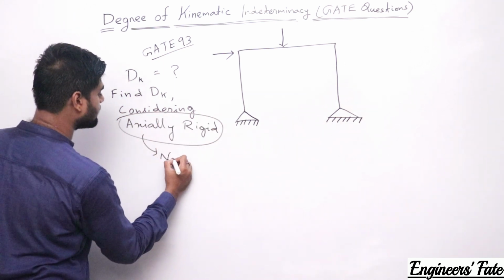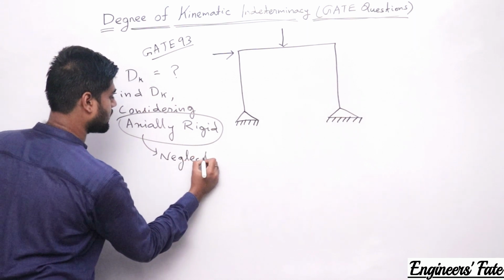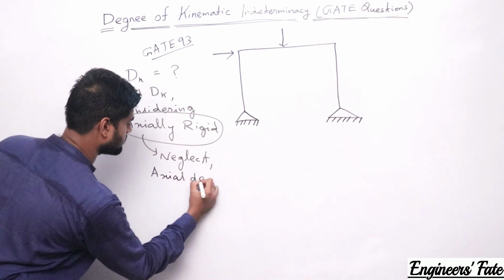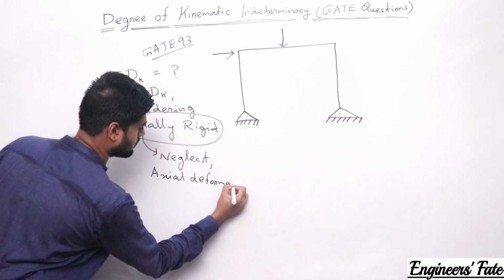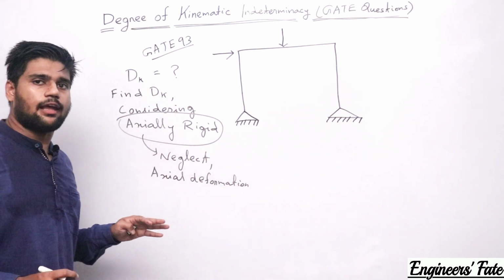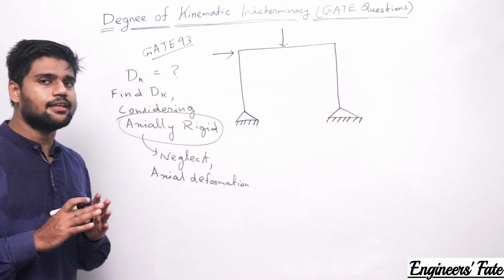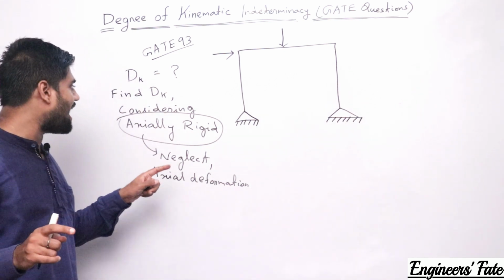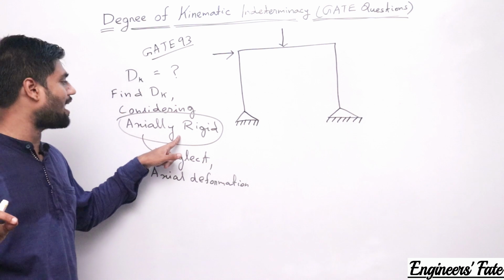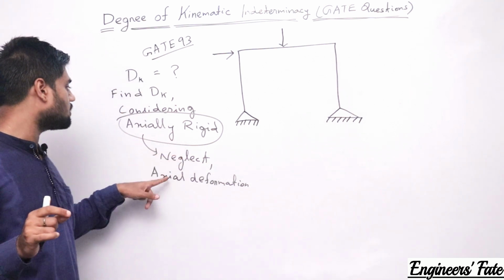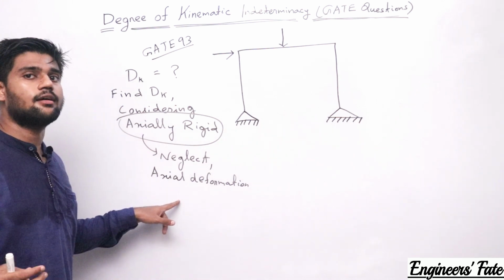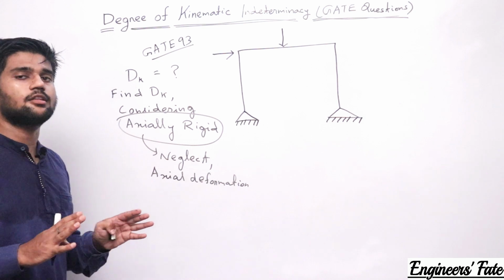It means we have to neglect axial deformations. I discussed that earlier: if in the question DKR is asked and nothing is mentioned, consider it as actually rigid. Actually rigid means neglect axial deformation. The shortcut I have told: just find the DKR and subtract the number of members.